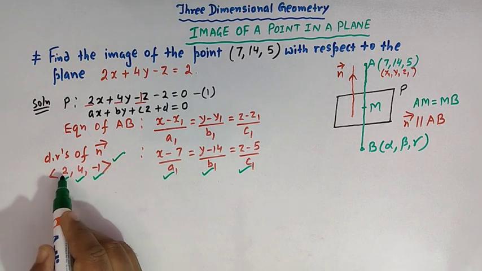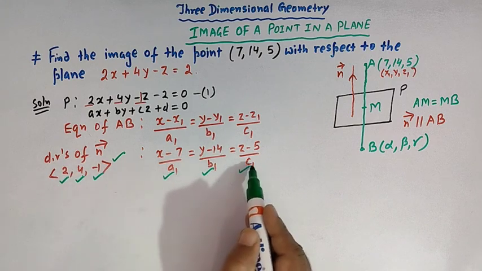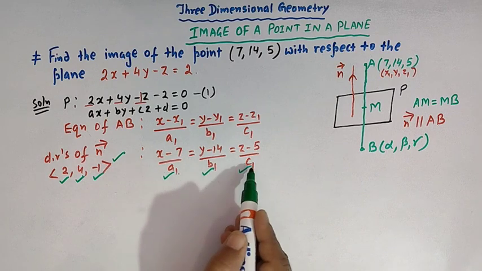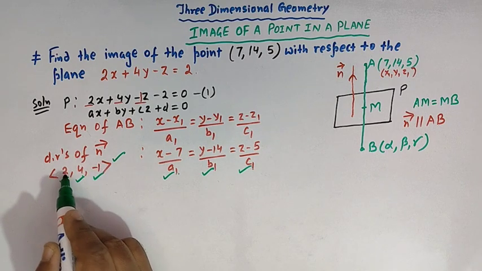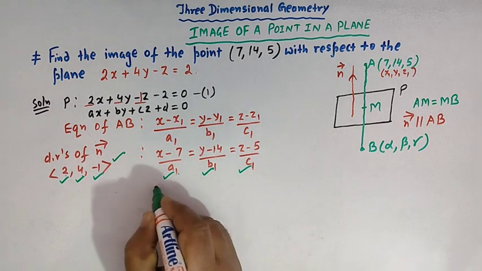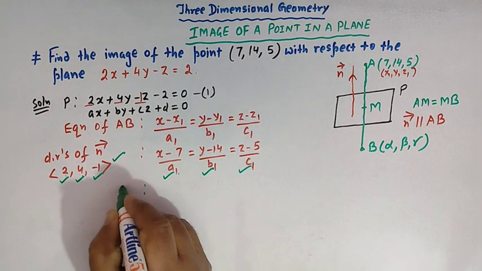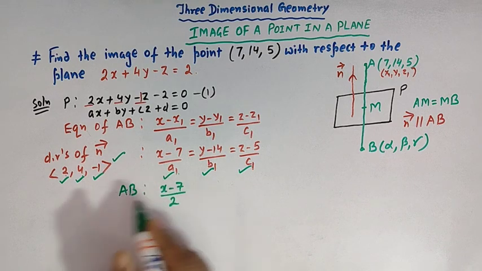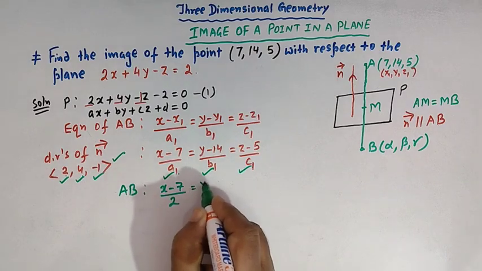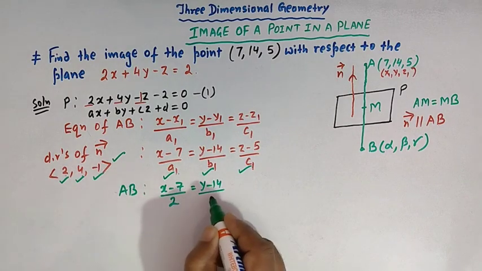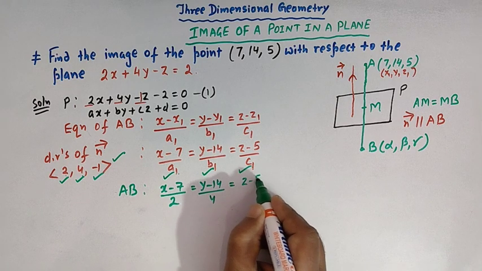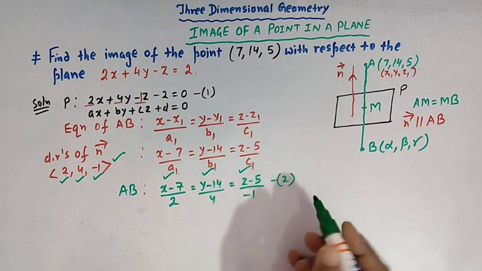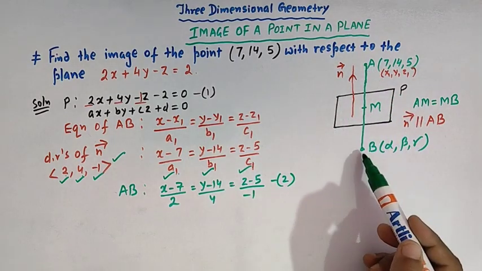A1 can be taken as 2, B1 as 4, and C1 as -1, because A1, B1, C1 are proportional to 2, 4, and -1. So the equation of the line AB is (x - 7)/2 = (y - 14)/4 = (z - 5)/(-1).